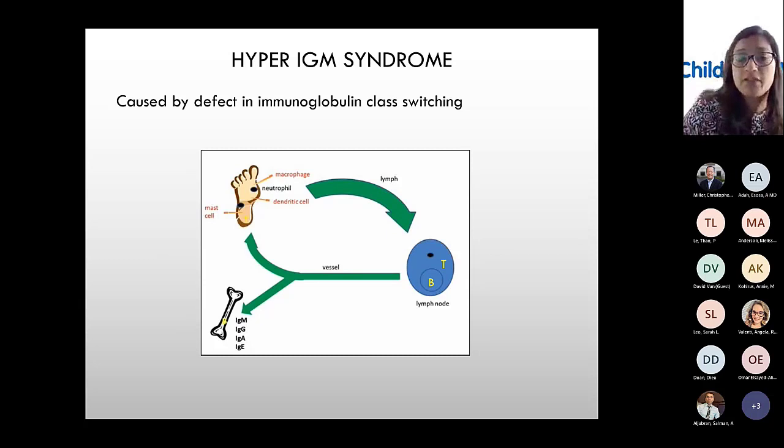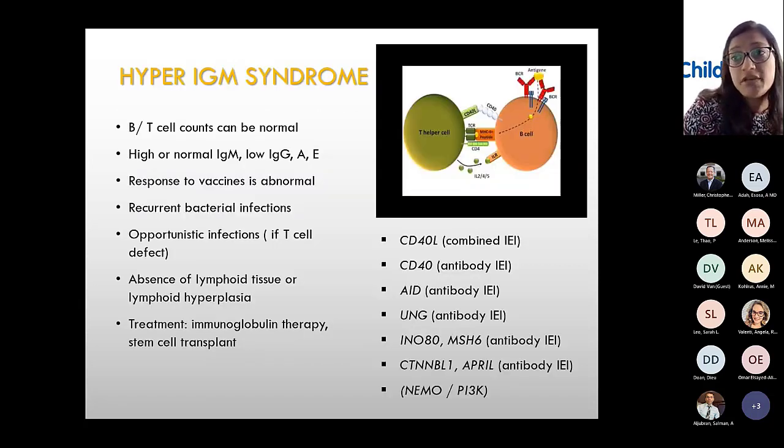Hyper IgM syndrome, where the B cells can make IgM, but for them to switch to G, A, or E, they need help from T cells. And if the communication between T and B cells is lost, then these patients have hyper IgM. There are times when the B cell itself has a defect with class switch from M to other ones, and that also gives rise to hyper IgM syndrome. And so these patients can have severe infections if the defect is in CD40 ligand or CD40, where that's a combined immunodeficiency, a T cell defect.